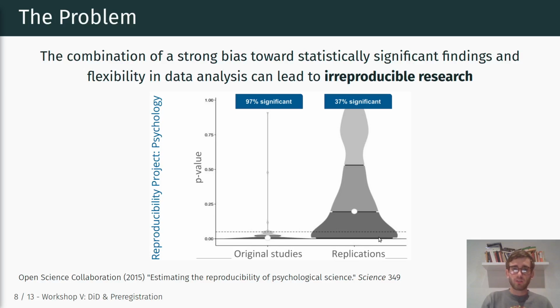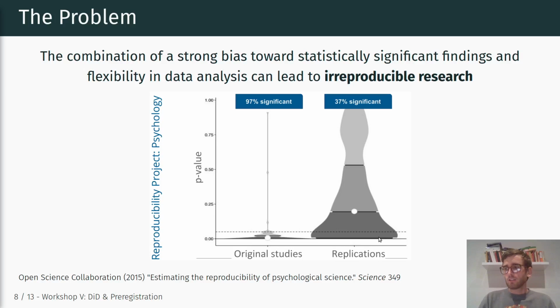Ultimately we have a lot more false positives, a lot more results that are not replicable in our journals than we would like to have in order to have sound scientific progress.